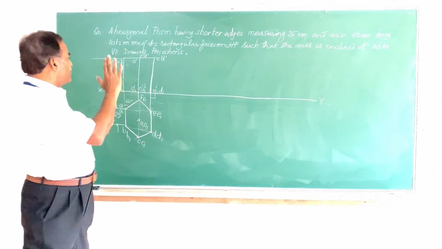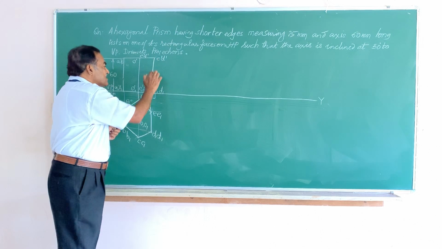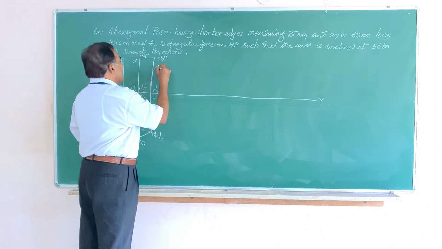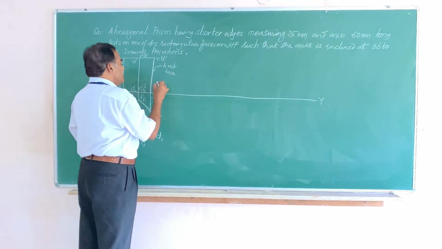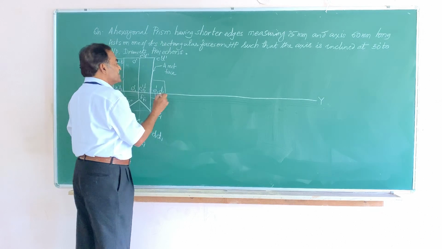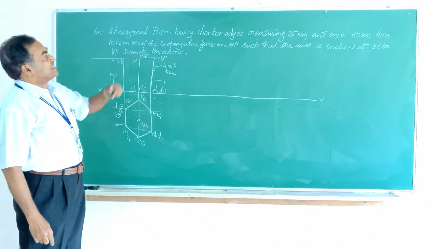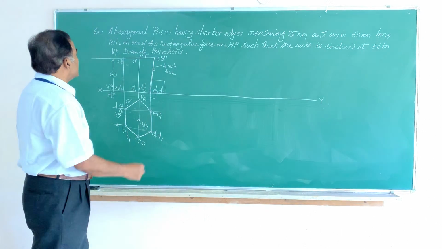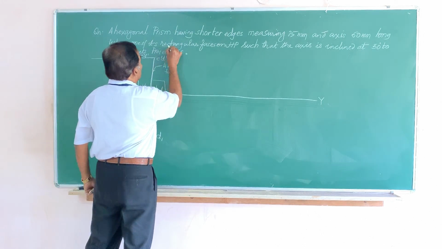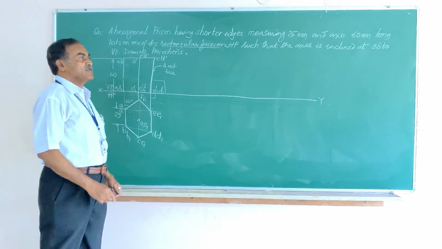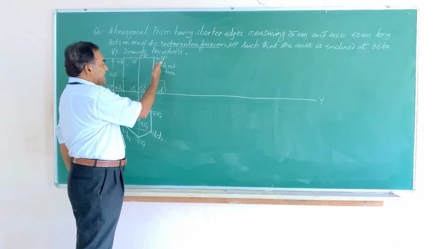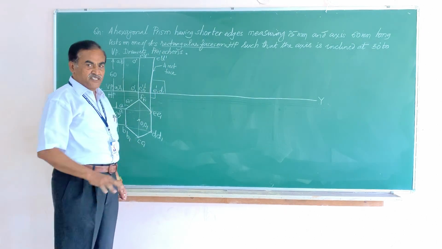That has 4 points, hence this line represents a rectangular face, a rectangular face which is perpendicular to HP. But in the question it says the solid has to rest on one of its rectangular faces. So we have in the front view the rectangular face represented by this line.